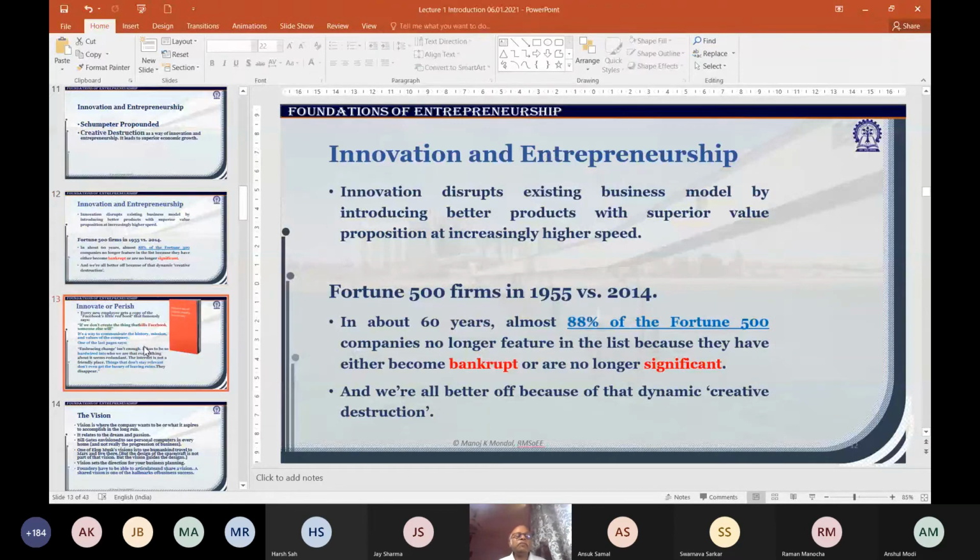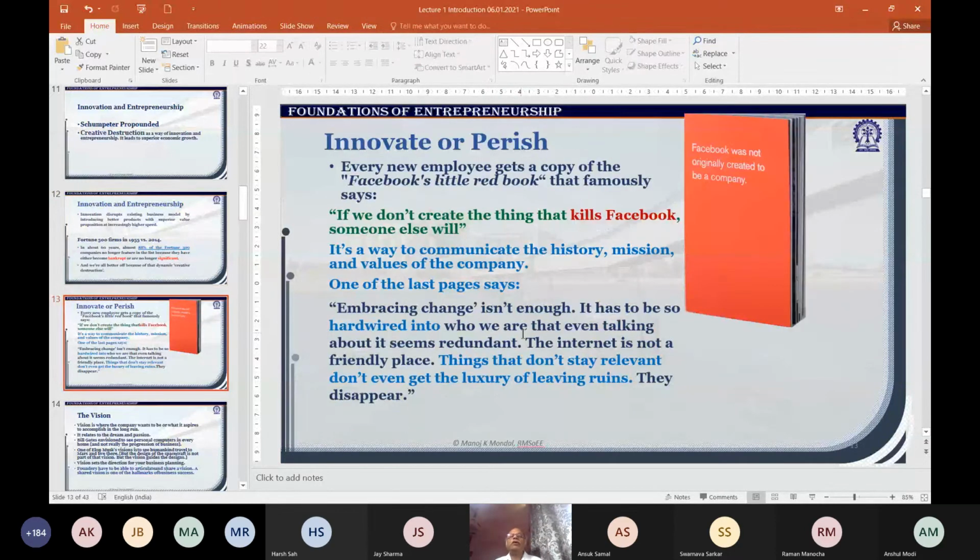And that is why, very aptly, Facebook has this slogan. If you happen to join Facebook, they will give you this little red book. They call it Facebook's little red book. And on one particular page, it is written: if we do not create something that can kill Facebook, somebody else will create it and Facebook will be killed and there will be no Facebook.